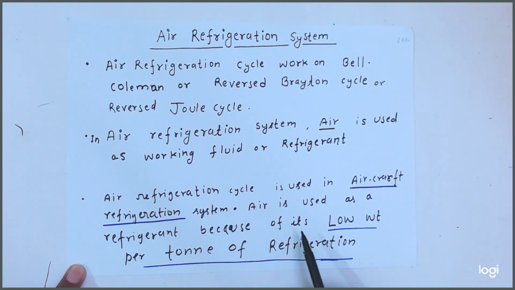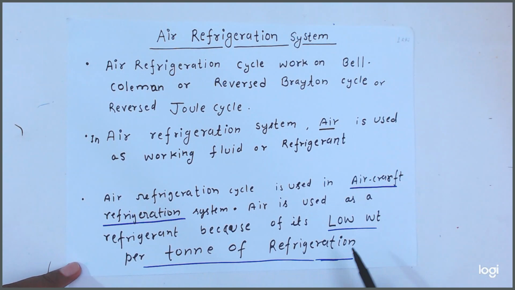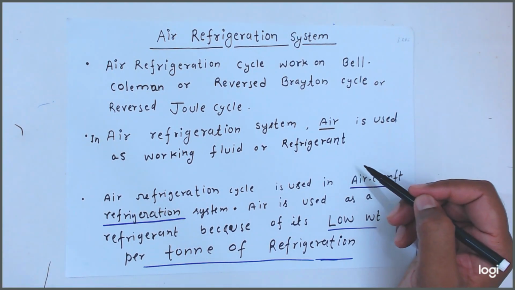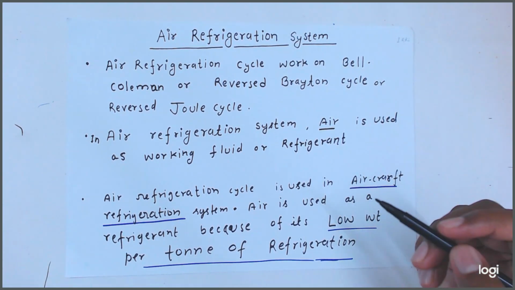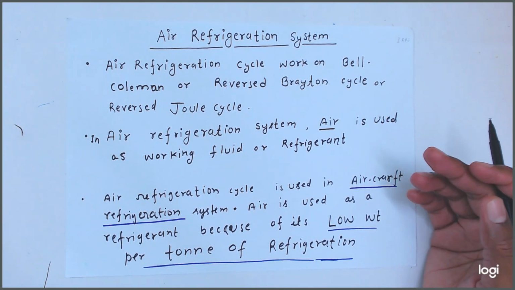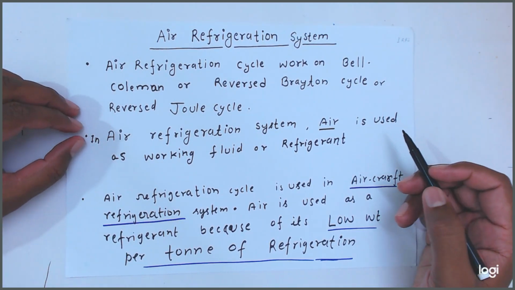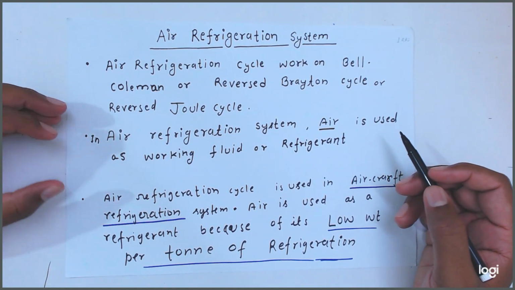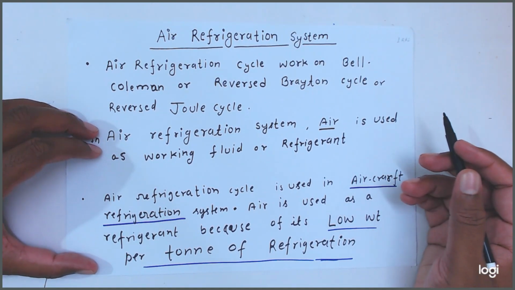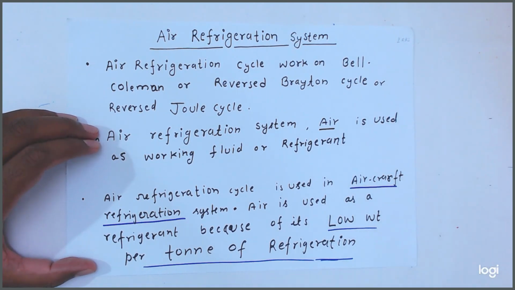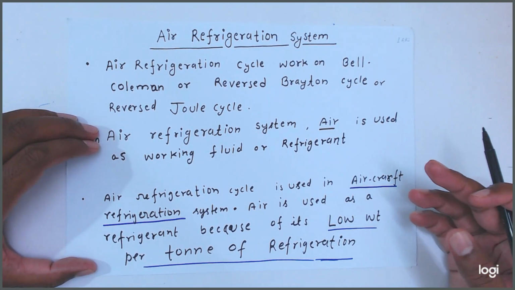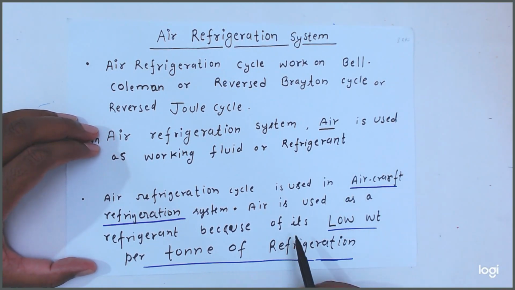Because of its low weight per ton of refrigeration. Because air we can take from the environment and cool the system, then reject it into the environment. So no extra refrigerant is required to carry. Because of this, low weight per ton of refrigeration is achieved. Getting, friends?